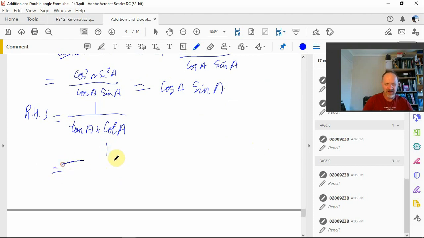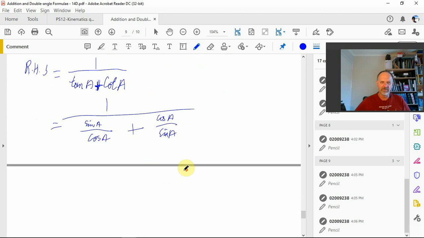So we've got 1 over tan, which is sine A on cos A, plus, it looks a bit like a times, it's a plus, cot, which is cos over sine.